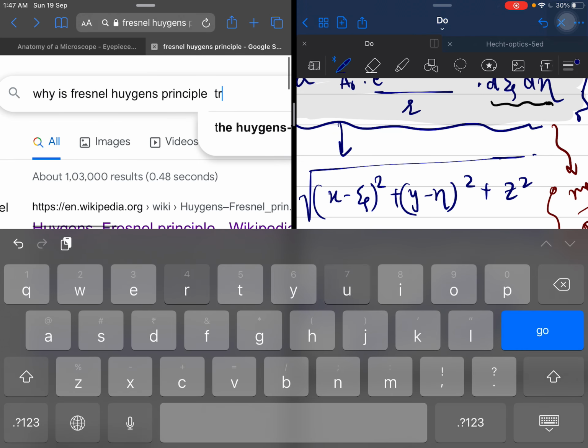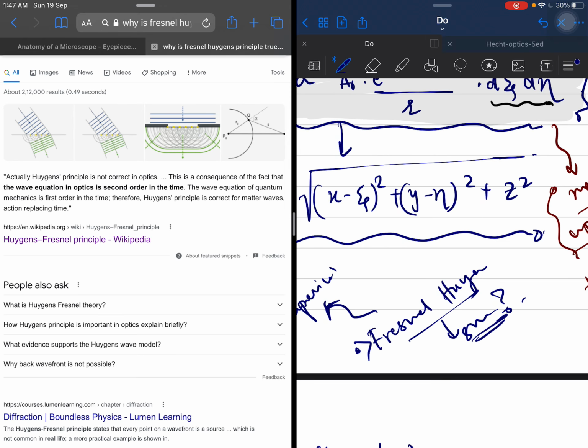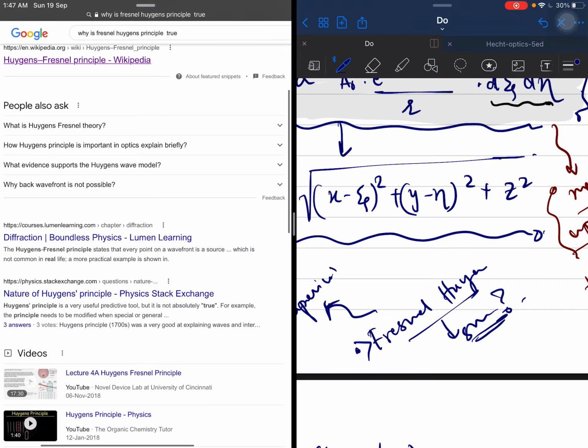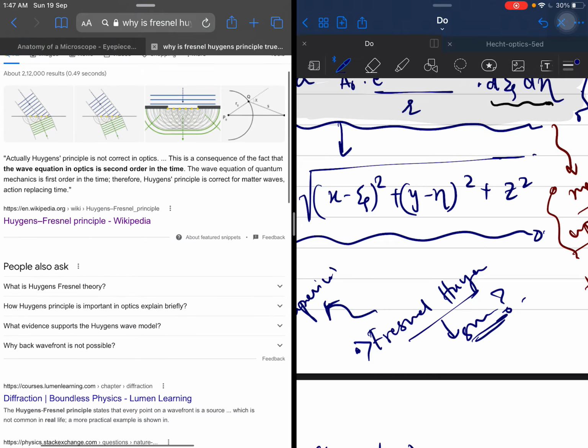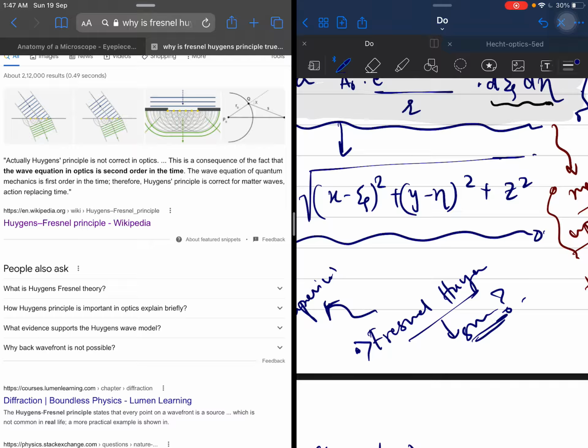Is it true? Oh my god. It is correct for matter waves, replacing time.